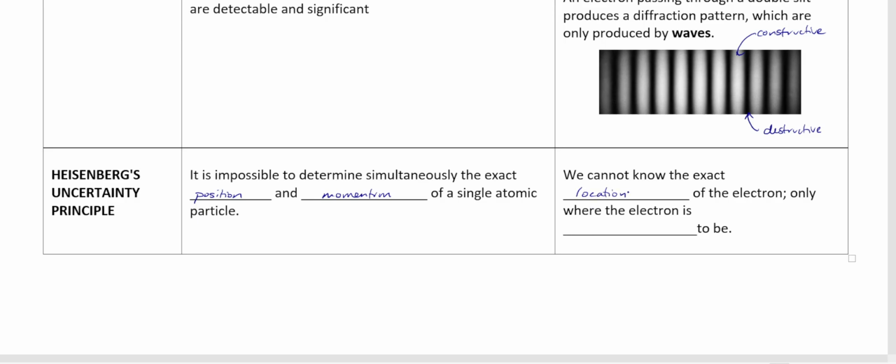All we can tell is where the electron is likely to be. As you can see, we are moving away from Bohr's model of the atom, where we have this electron circulating the nucleus like planets in a solar system. And now we're just basically talking about electrons as these waves of probability, where this electron is most likely to be.